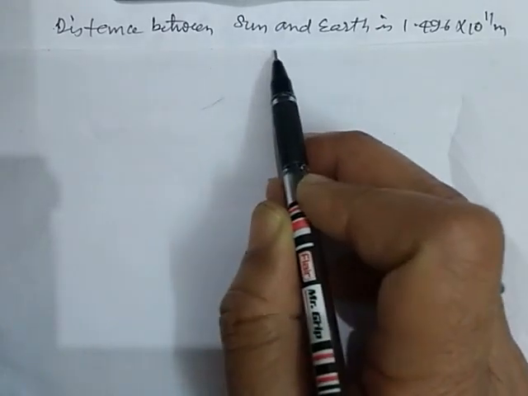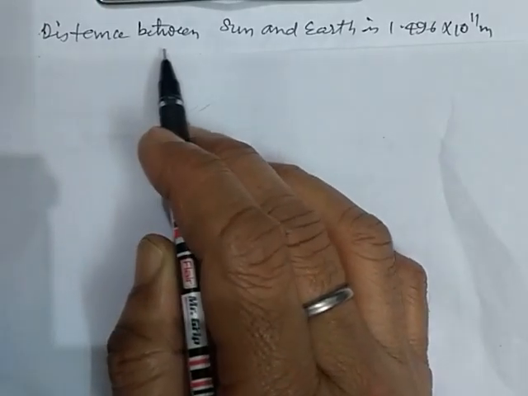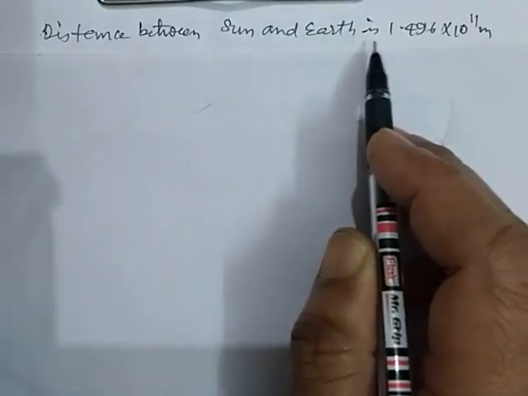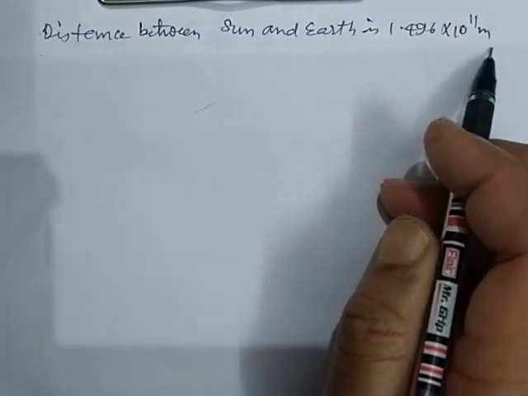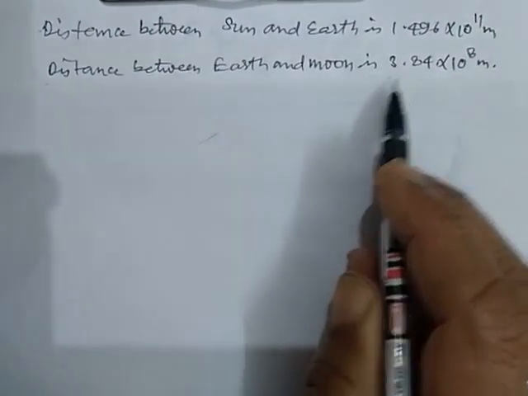Distance between sun and earth is 1.496 into 10 raised to the power 11 meter. Distance between earth and moon is 3.84 into 10 raised to the power 8 meter.